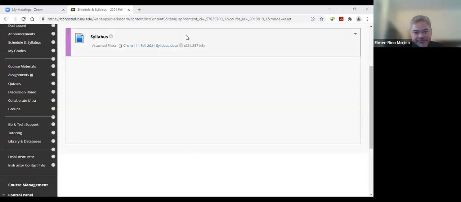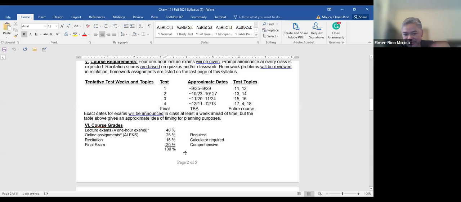If I take the 10 highest quiz scores, then everyone will have a good chance to get a good score for the recitation part. So the lecture is 40%, the final exam is only 20, so that means you only have 45% to worry about by the last day of class.